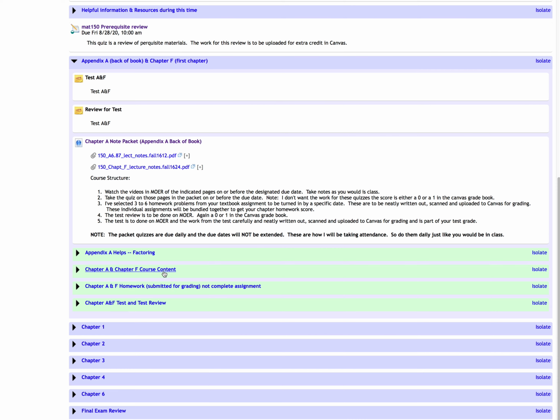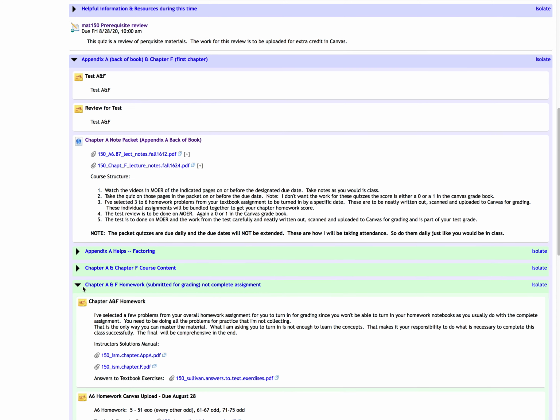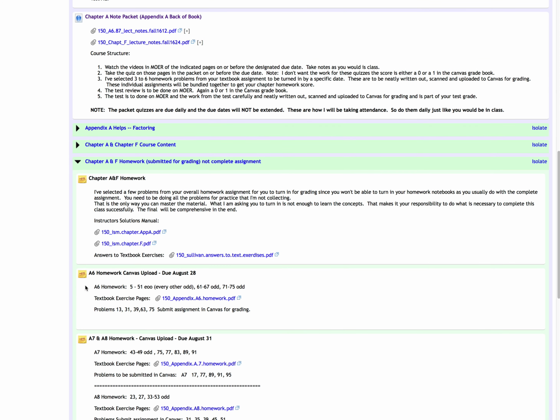Now, that's course content. Here's homework, but homework is going to be submitted in Canvas. So what I've done is this, A6, and as a Canvas upload. Here is the homework assignment I'd like for you to do. Here is the textbook exercises for that homework assignment. So in other words, these are the pages from your textbook.